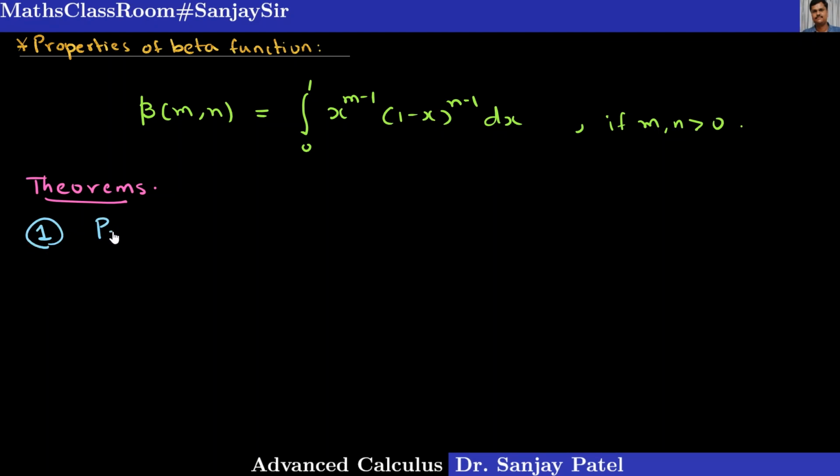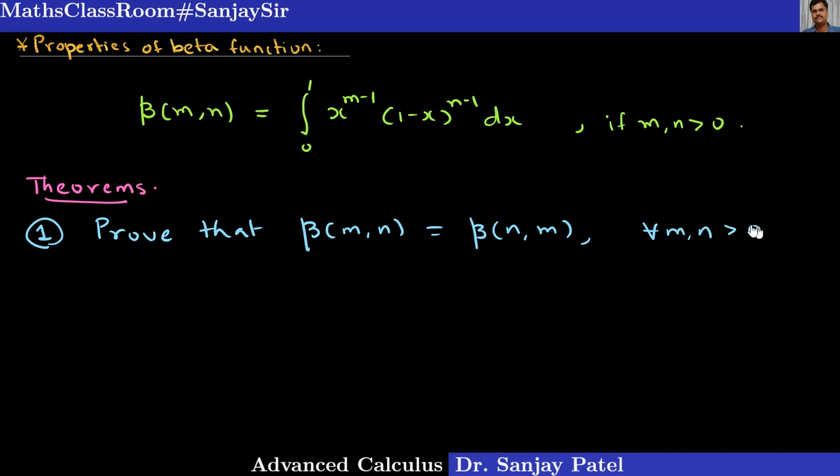Prove that beta m comma n is equal to beta n comma m for all m and n. Here, whenever I write for all m and n, it means any two positive real numbers.